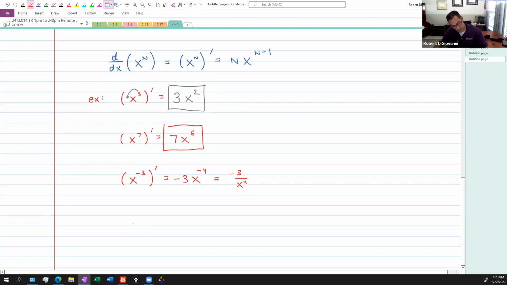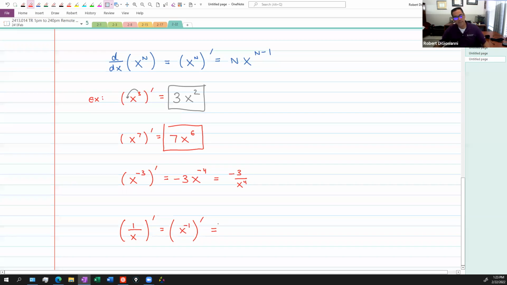Let me do one more. What about 1 over x? What's the derivative here? All right, so that might look confusing, but really just think of it this way. Isn't 1 over x the same as x to the negative 1 power? And you want the derivative? Right, that's all that is. Take 1 over x, rewrite it as x to negative 1, and then use your power rule.